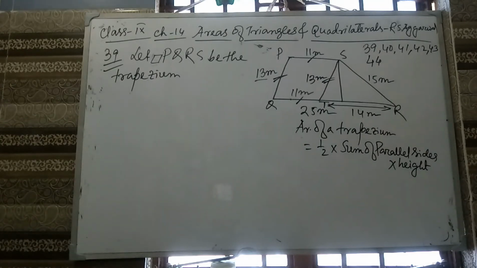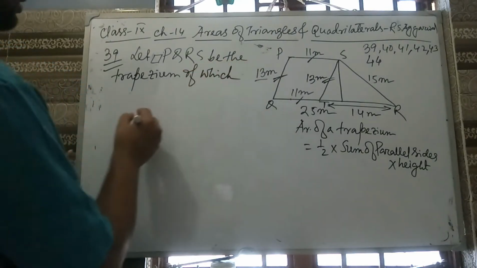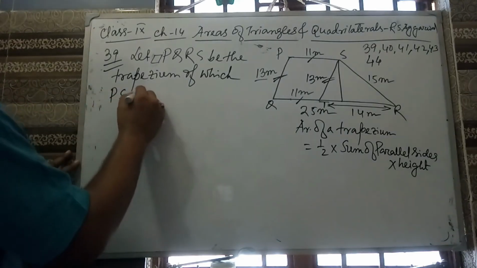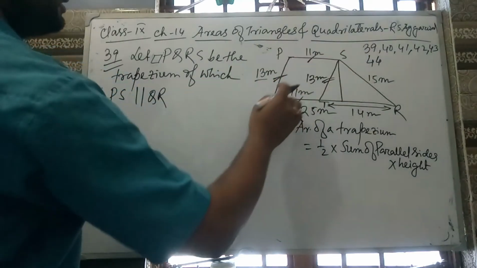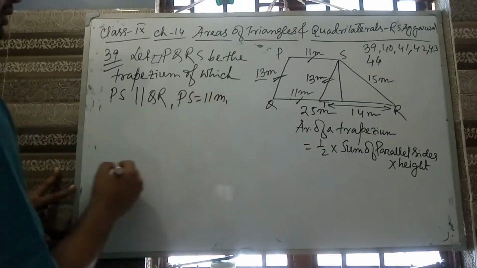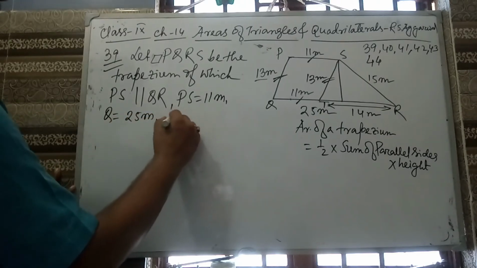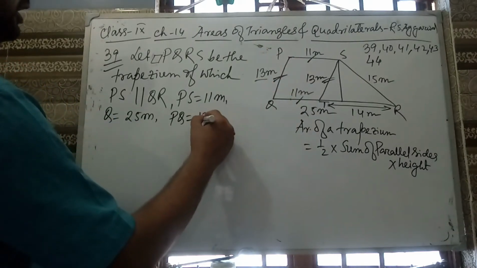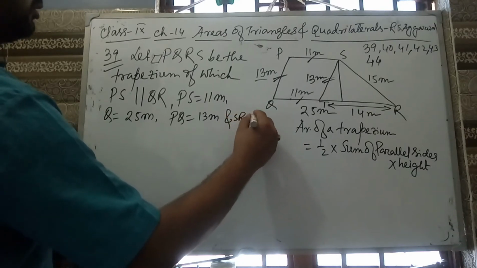So write down, let quadrilateral PQRS be the trapezium of which PS is parallel to QR, PS equal to 11 meter, QR equal to 25 meter, PQ equal to 13 meter and SR equal to 15 meter.